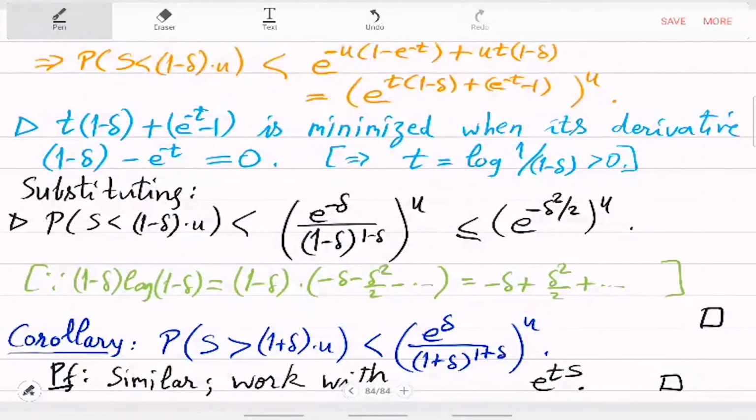But after all this calculation, what did you learn in the end?